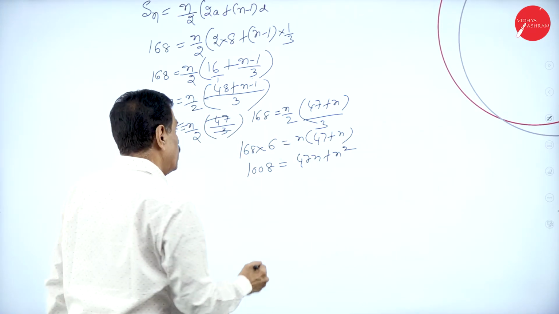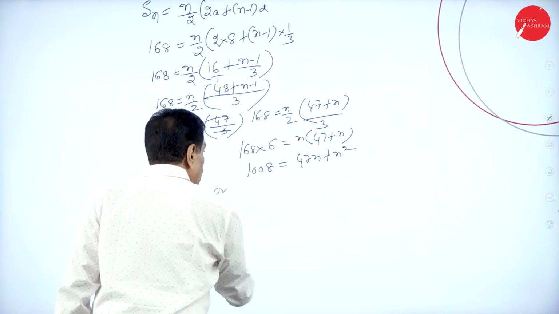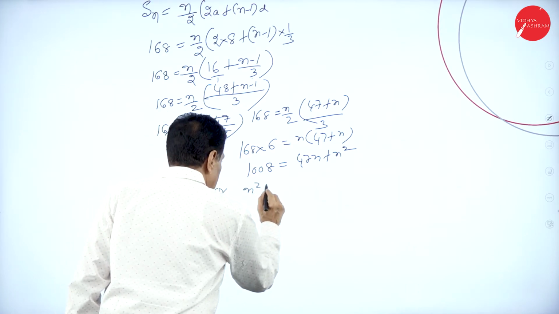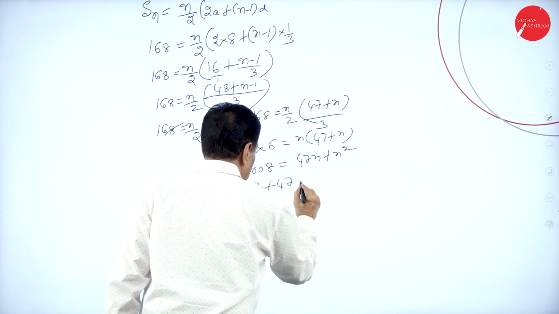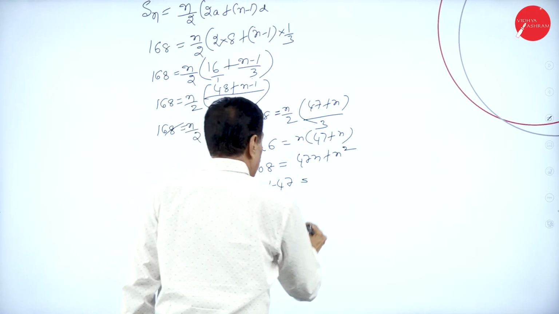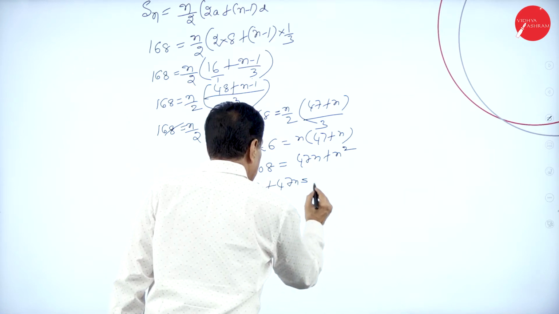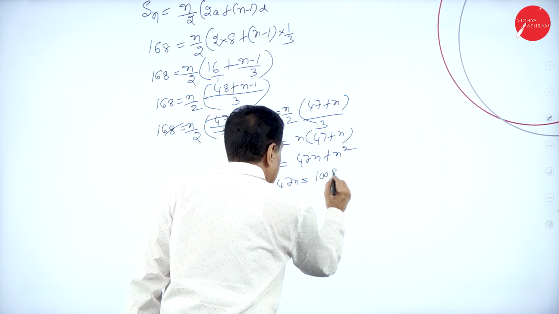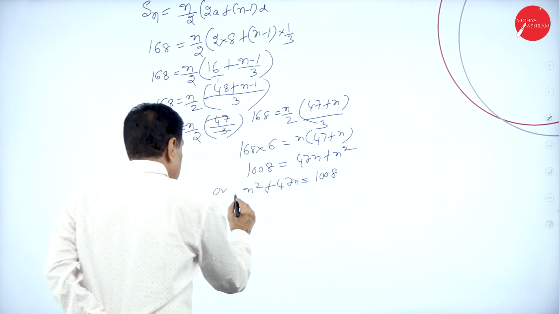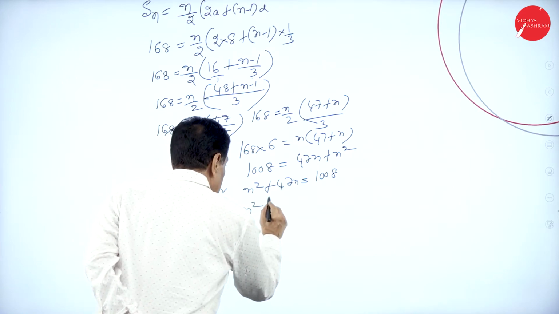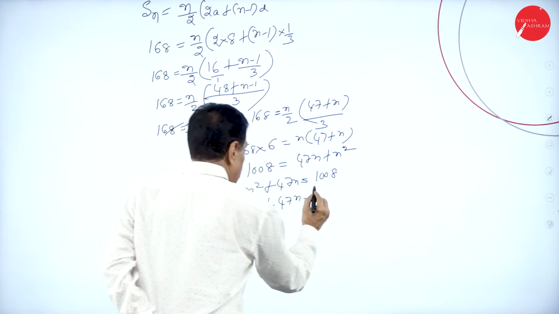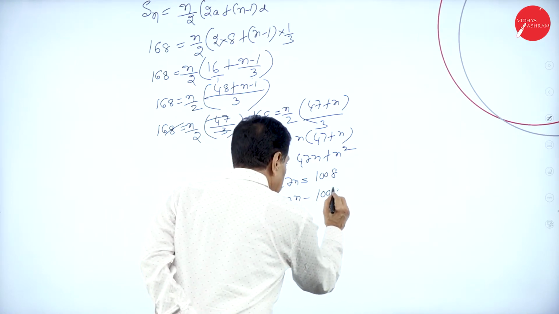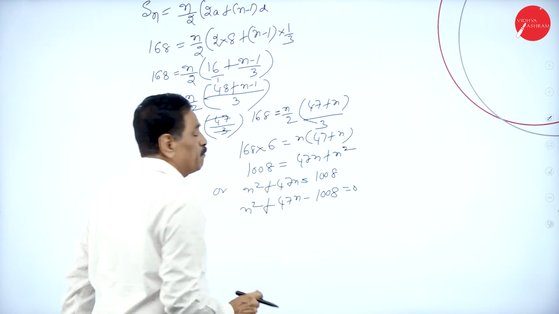You make the quadratic equation: n square plus 47n is equal to 1008. You take this n square plus 47n minus 1008 is equal to 0.